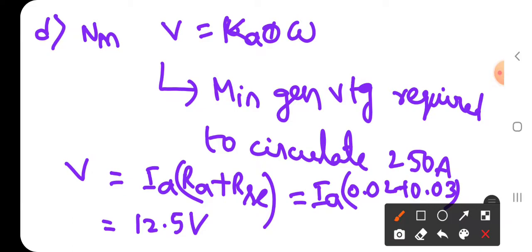Then what is omega? Omega is equal to V by Ka phi. Here phi is not there, as it is a series motor. The field current is equal to the armature current only, so you need to take phi as Ia.